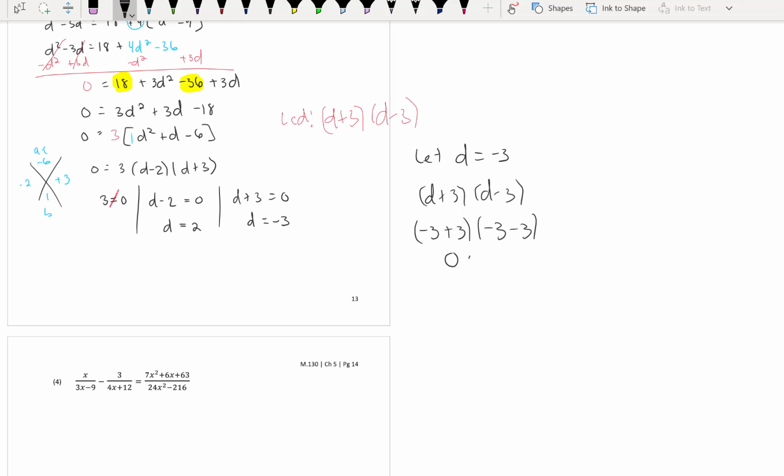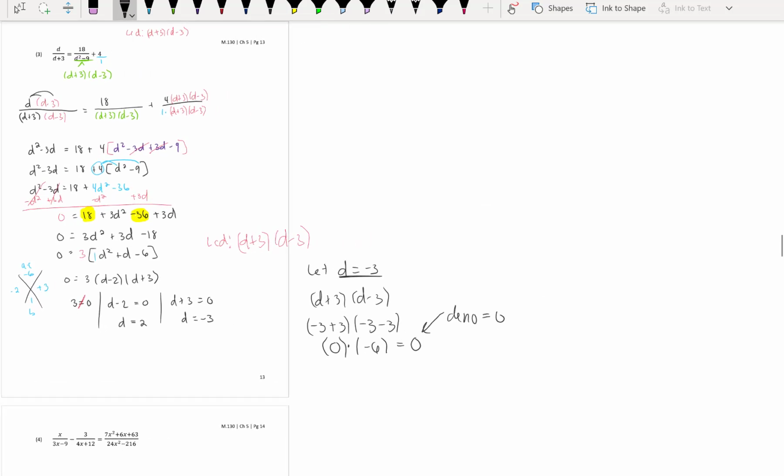Well, this would be 0, right, times my negative 6, which would give me a 0. So this tells you that your denominator is going to equal 0 whenever you let d equal negative 3. But what happens whenever I have some number, let's say 5 divided by 0? That would be undefined. So this is not good.